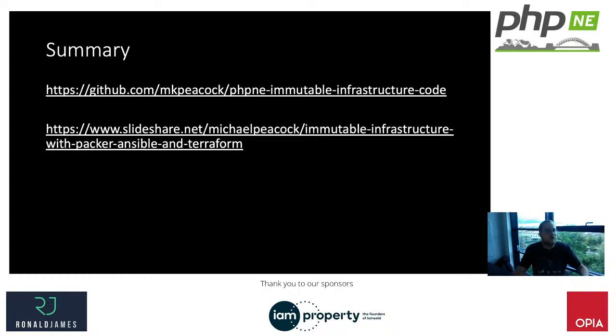Obviously, this approach only applies to certain use cases. If you're a container shop, then this isn't going to be for you, but if you're already using virtual servers, you're not ready to go into containers yet, but you want to do things a bit more solidly, this is a good approach.